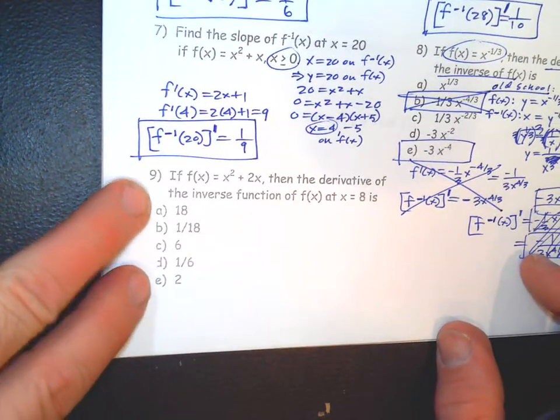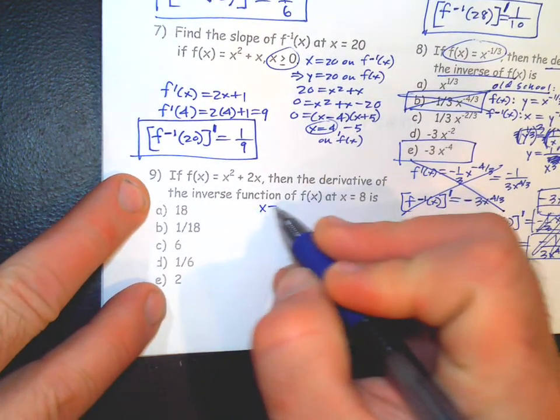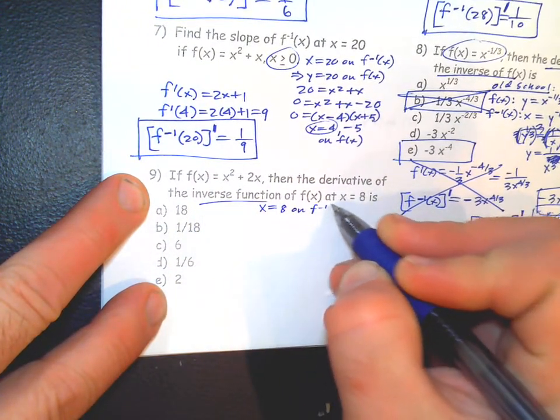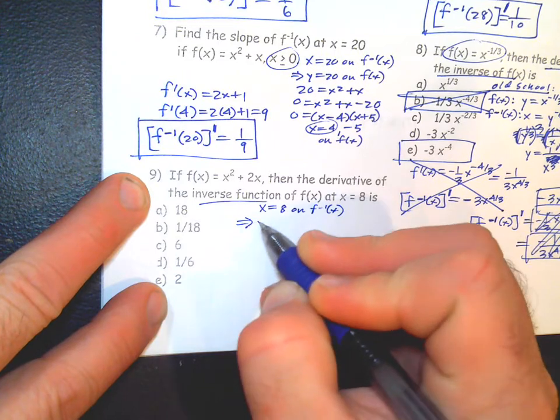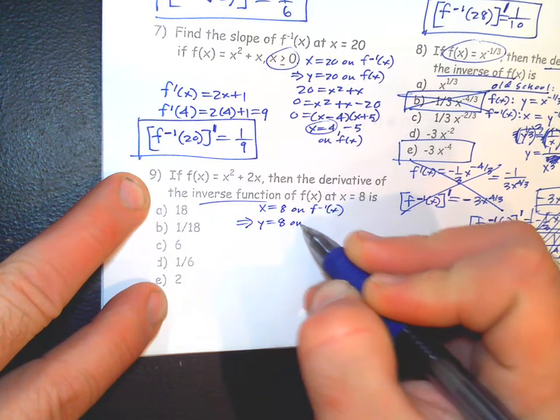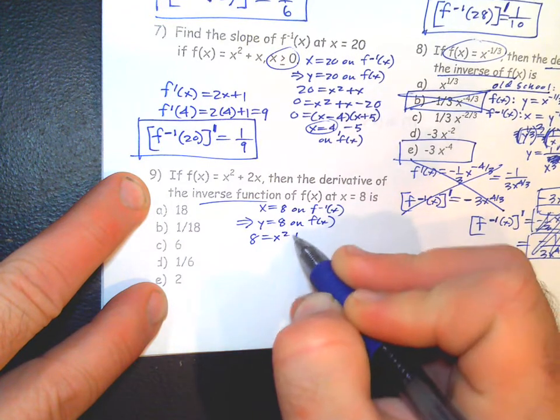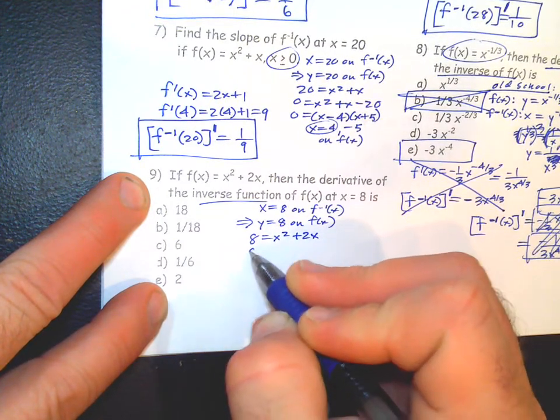The derivative of the inverse at x equals 8. So x equals 8 is on the inverse function, which means y equals 8 is on the original function. Which means if we plug it in, we can find the x value on the original function.